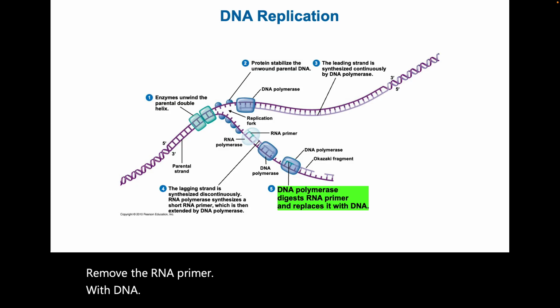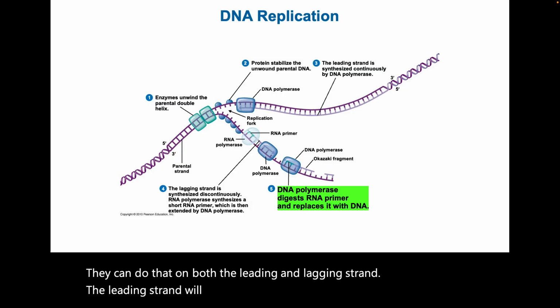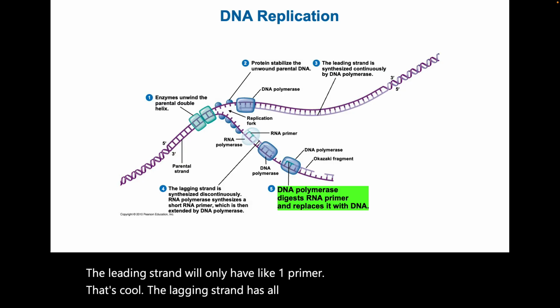It's a multifunctional enzyme. And you can do that on both the leading and lagging strand. The leading strand will only have like one primer. That's cool. The lagging strand has all the primers. Great.